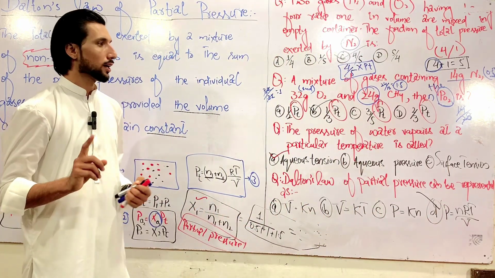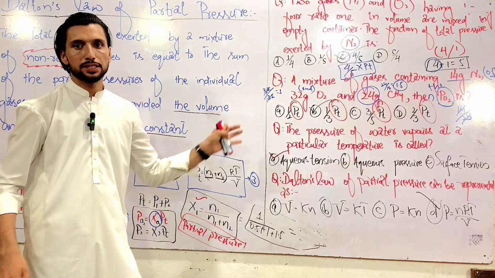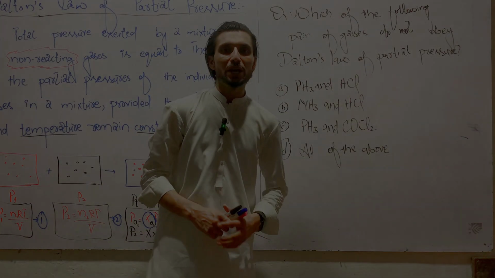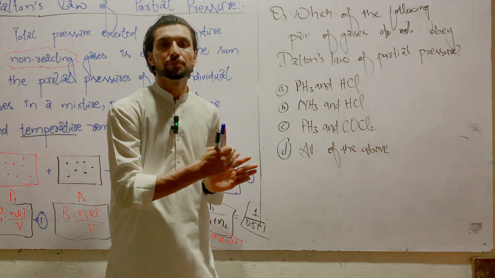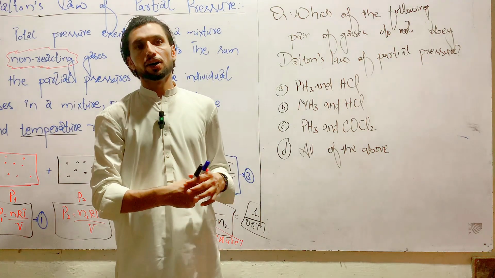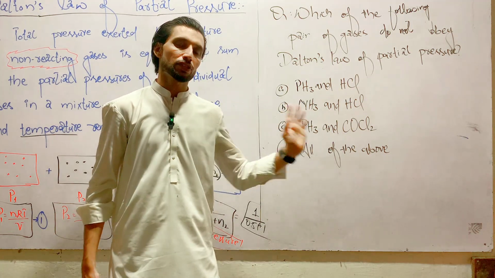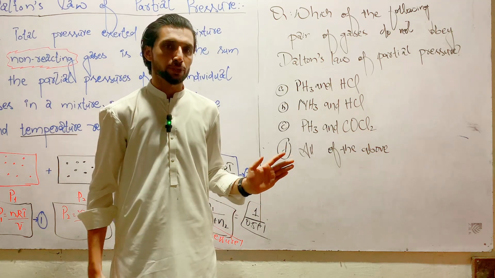Now we will also discuss one more MCQ. For that I have to rub the board and write it down. The last question for today, we have to discuss it. Three mixtures of gases, A, B, C, are given, and they are asking which one of these mixtures does not obey Dalton's law of partial pressure.